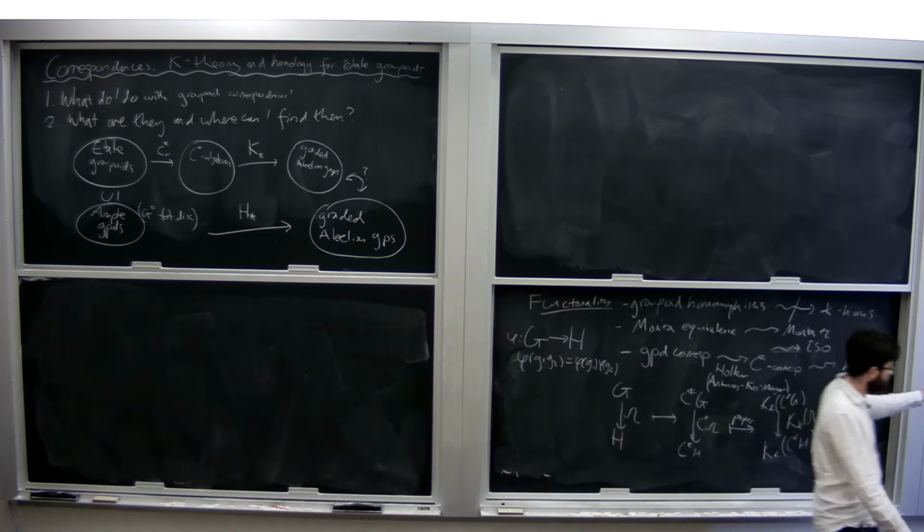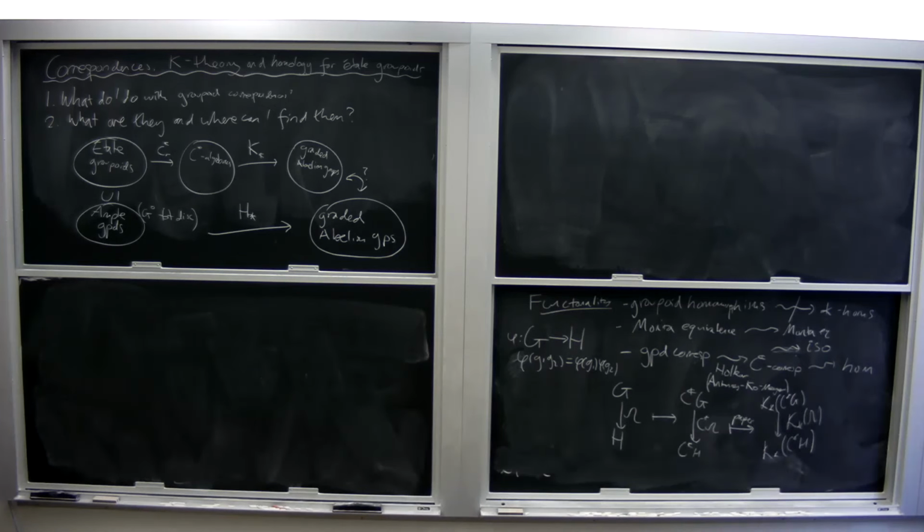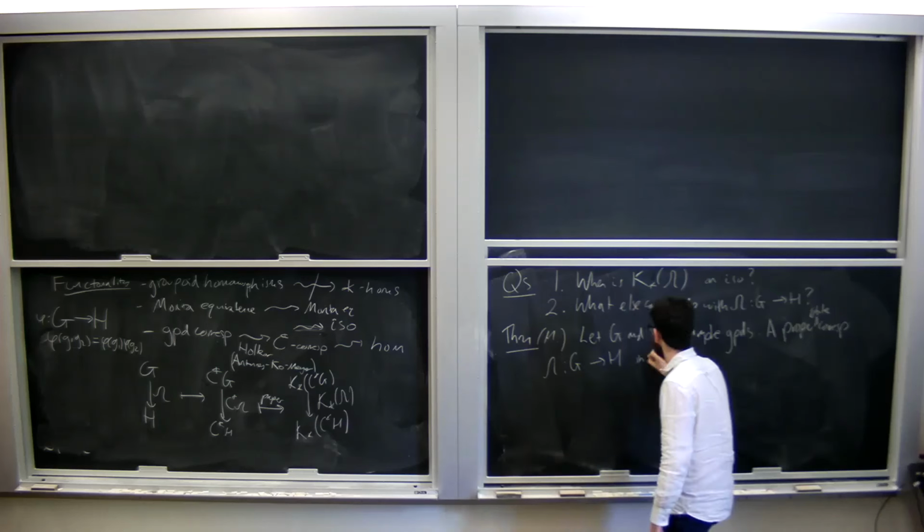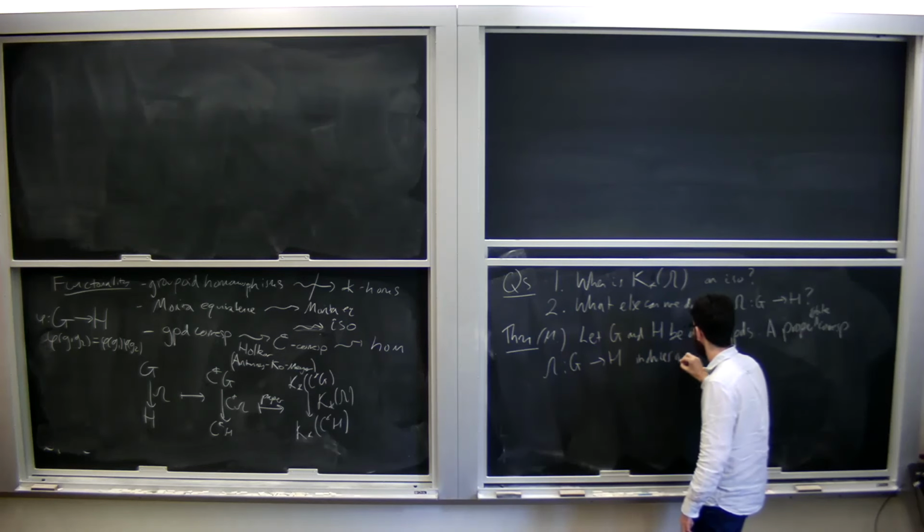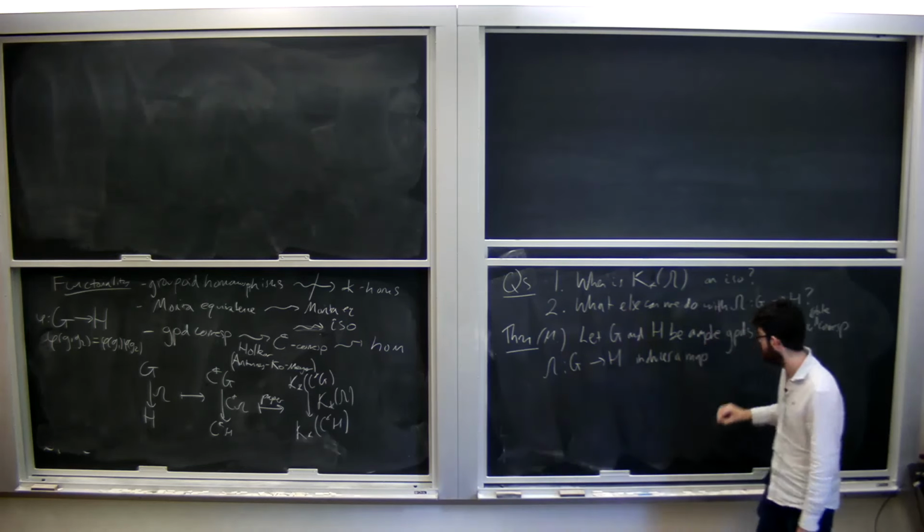So this result is saying that the analogy holds strong for correspondences, in that a proper correspondence, I should say étale here, from G to H is going to induce a map in homology.